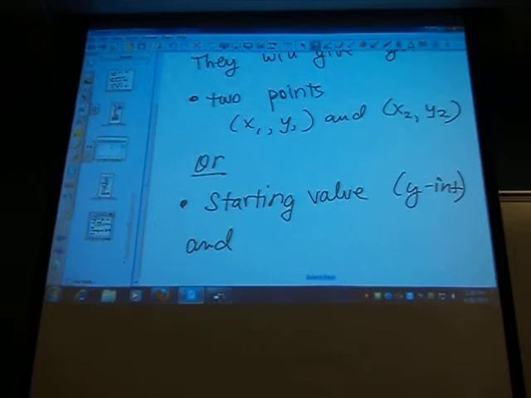So if they give you the starting value, like your value of the building starts out at this amount, that's your y-intercept. And they'll give you a rate of change, which is your slope. If they tell you your car starts out with a value of $15,000, and then it decreases by 1,000 every year, then the 1,000 decreasing would make it negative. That's your rate of change.